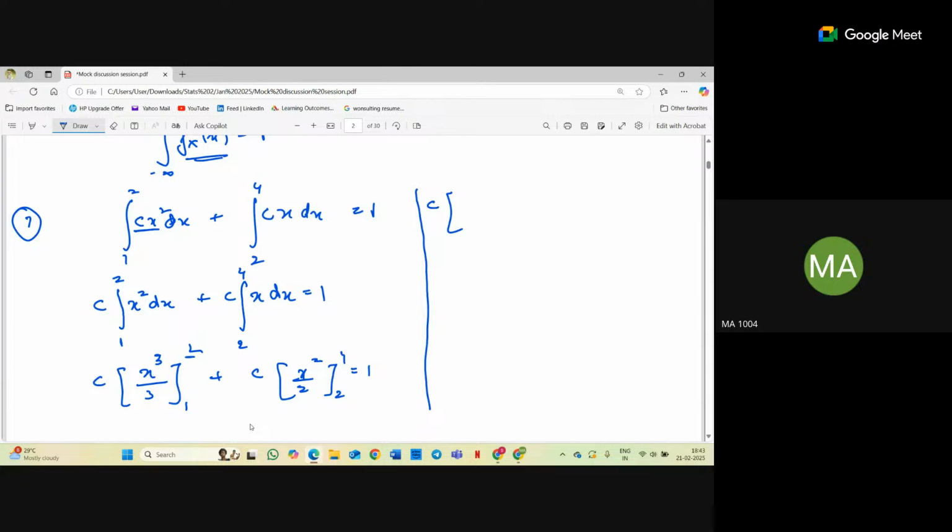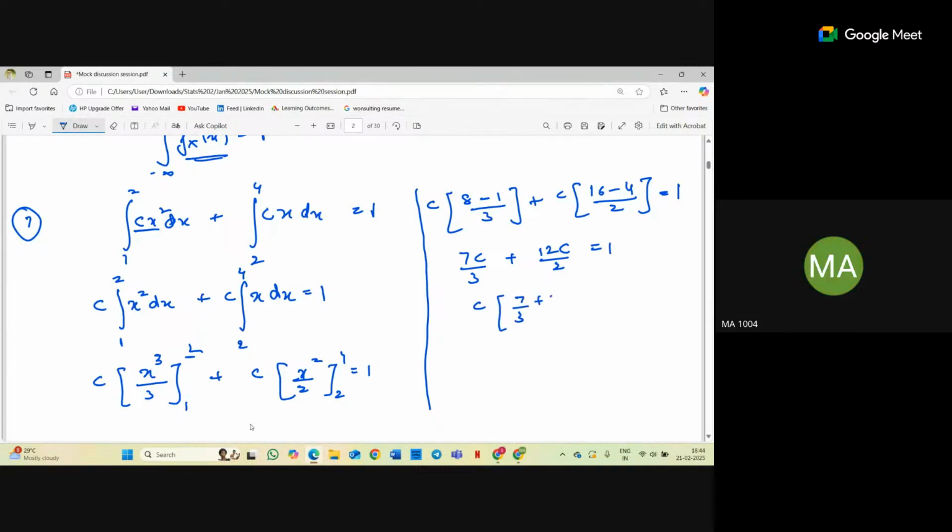So this would be 2 cube, which is 8, minus 1 by 3, plus 16 minus 4 by 2, equals to 1. Correct? Yes, ma'am. So this would be 7c by 3 plus 12c by 2. So c would be common.